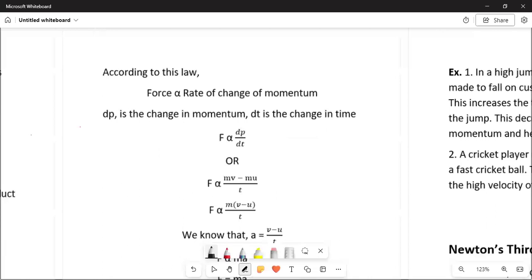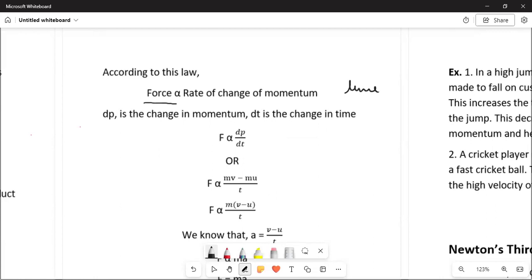Now this law says that the force, this force is the unbalanced force, and we have seen the two different types of force. One is a balanced force and another one is an unbalanced force. So this unbalanced force is directly proportional to the rate of change of momentum with respect to time.